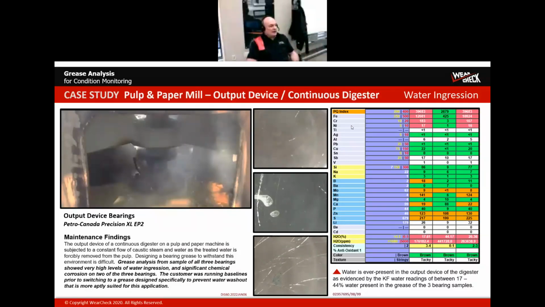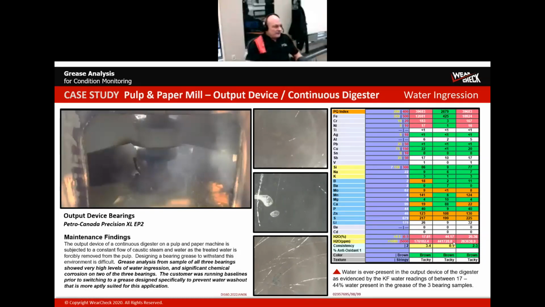So this was a customer who sent in samples from 3 different bearings on this output device, and you can see that the thickener itself is holding on to water, but we're talking between 17 and 44% water in that grease sample.